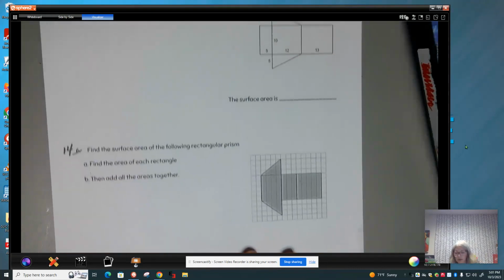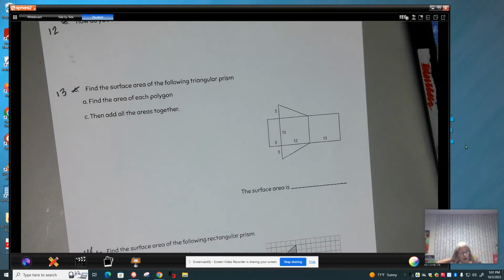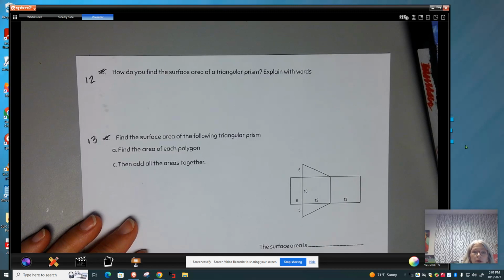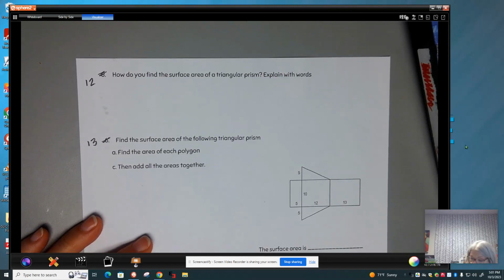All right, we have one more. Now remember, you should be pausing your video as you go along to take your time. How do you find the surface area of a triangular prism?